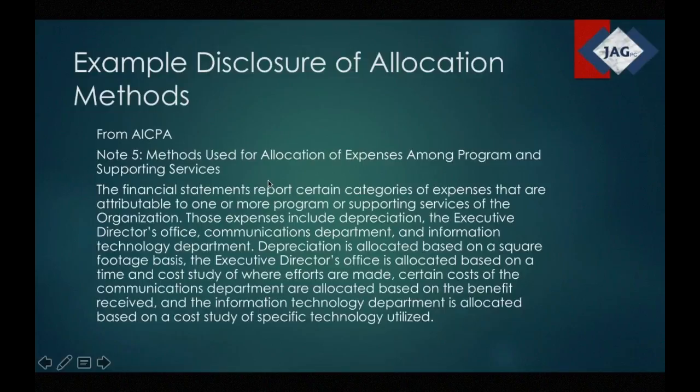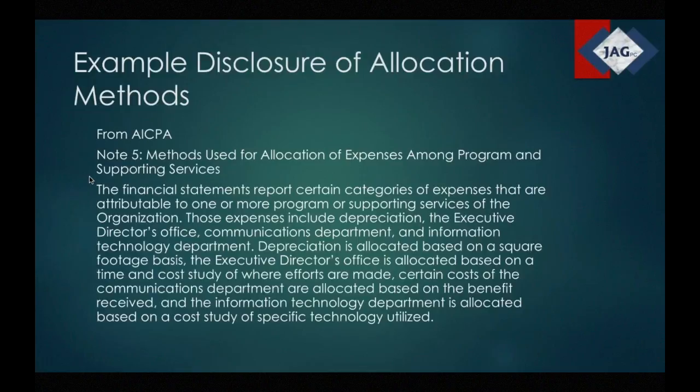And here's an example, which again comes from the AICPA, of what the note will look like. It says the financial statements report certain categories of expenses that are attributable to one or more program or supporting services of the organization. Those expenses include depreciation, the executive director's office, communications department, and information technology department.